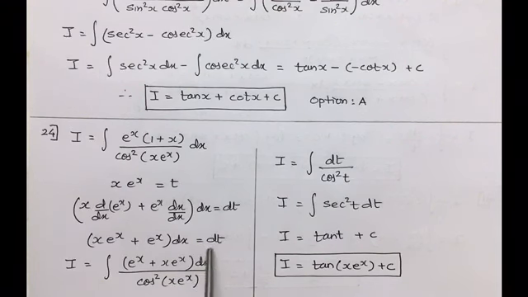Now keeping the value in the numerator as dt and in the denominator placing the value of t, we get cos square t. 1 upon cos square t makes it sec square t dt, and the integration of sec square is tan t plus c. Now the value of t is replaced here as x e raised to x plus c. So this is how the 24th one is integrated.